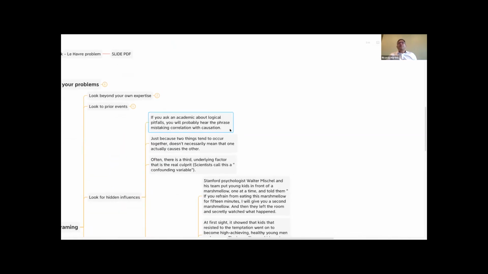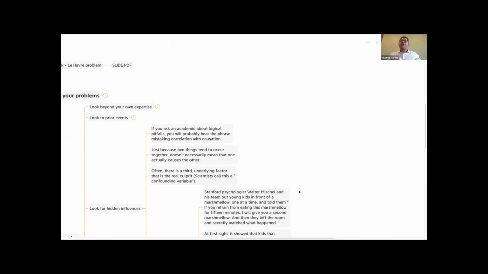So the Stanford psychologist Walter Mischel and his team put young kids in front of a marshmallow, one at a time, and told them, if you refrain from eating this marshmallow for 15 minutes, I will give you a second marshmallow. And then they left the room and secretly watched what happened.